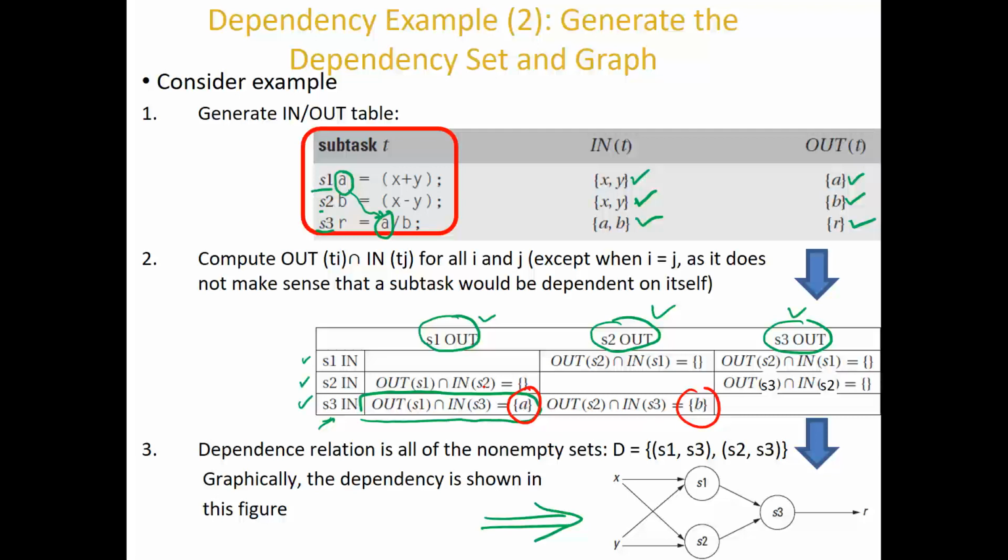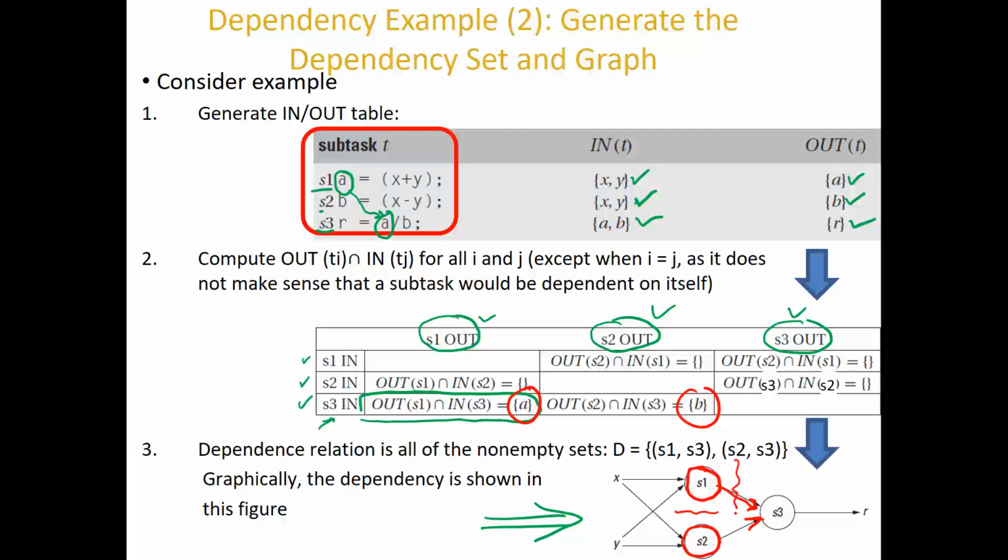That basically establishes this relationship, where statements S1 and S2 provide data to S3. So S3 is dependent on S1 and S3 is dependent on S2. Clearly there is no relationship between S1 and S2, and I can execute those in parallel, but I cannot execute S3 in parallel to S1 or S2.